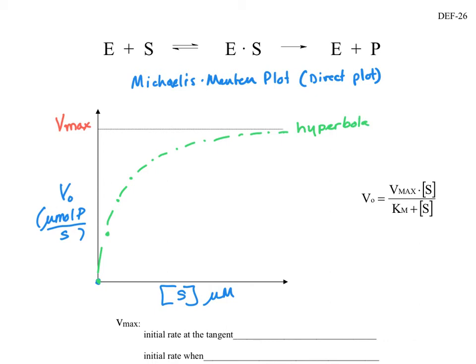We saw that in our last unit when we talked about how the oxygen saturation curves for myoglobin were hyperbolic. That is, for non-cooperative binding to oxygen, we saw a hyperbola. So we're seeing that same thing again here. And that's not a coincidence. There are some similarities between those two systems.